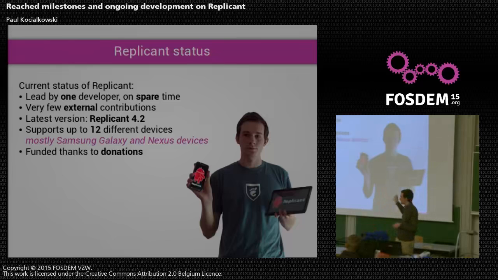So why those devices? Because they're the easiest ones to liberate, basically, because they don't require so many blobs, so we can do it, and because Nexus devices were good at the very beginning because it was easy to install another version of Android on them.